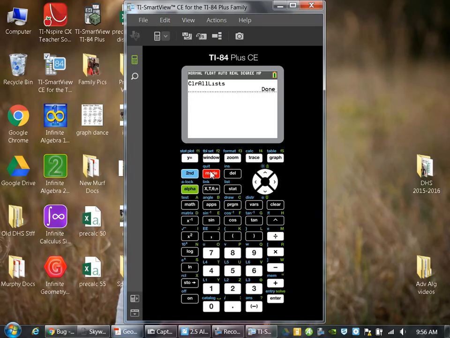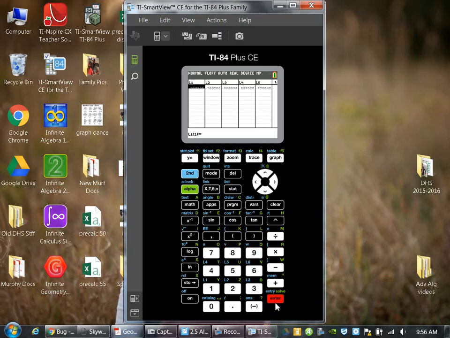So here's how we do this. Second, quit, so we get out of that. Press stat, so you're on a regular screen, then hit edit. There's your L1 and L2.